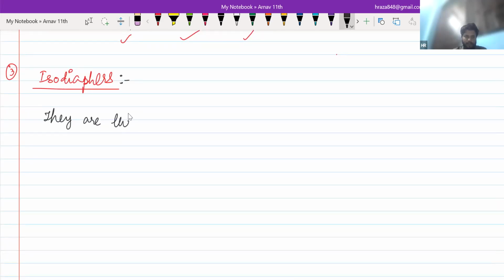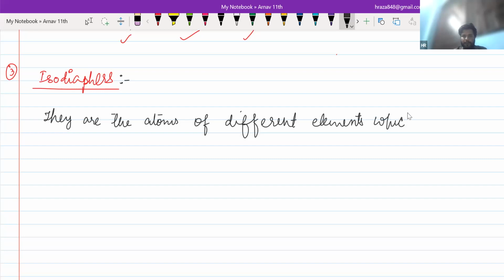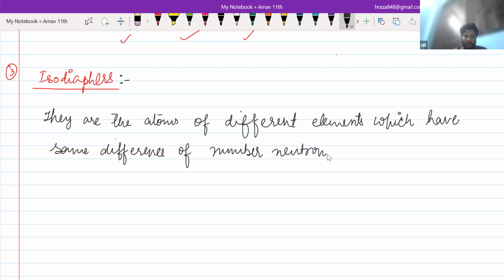They are the atoms of different elements which have the same difference of number of neutrons and protons.